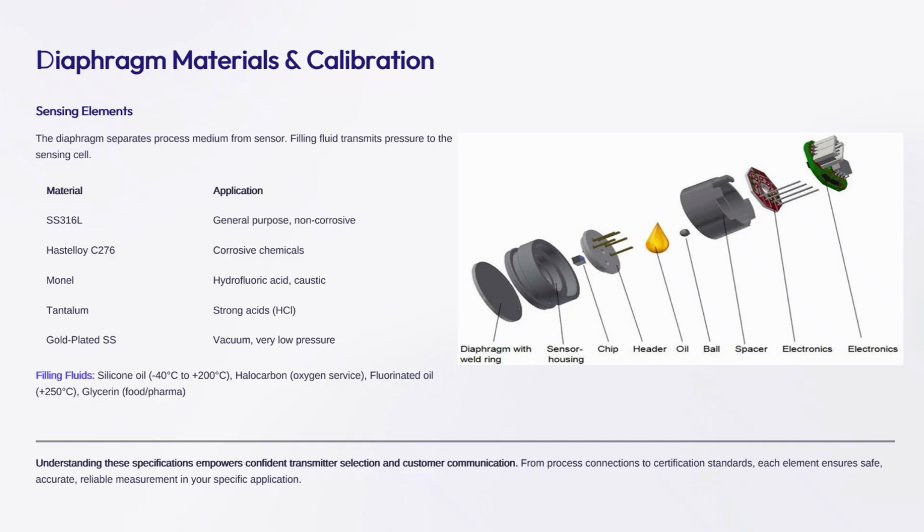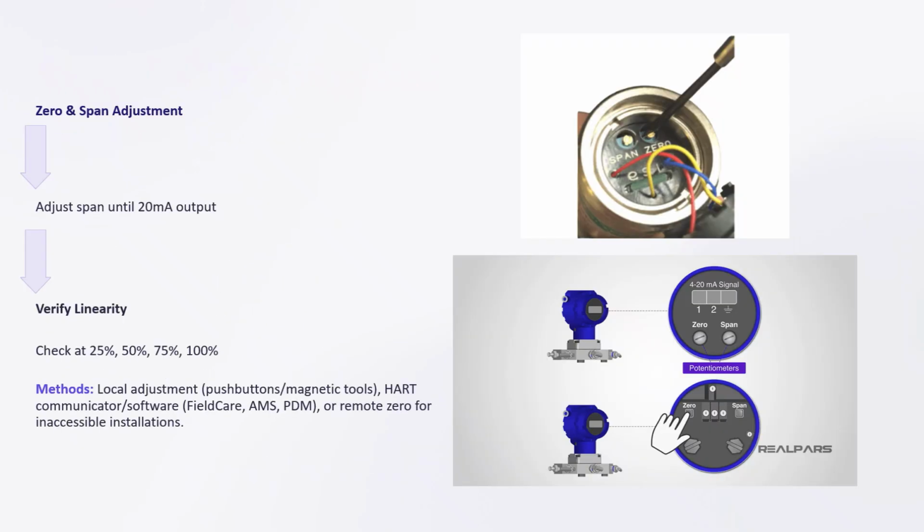Now the last parameter is zero and span adjustment. Zero defines your starting point. Span defines your full-scale endpoint. You can adjust them using the local buttons or HART communicator software like AMS, PDM, FieldCare.